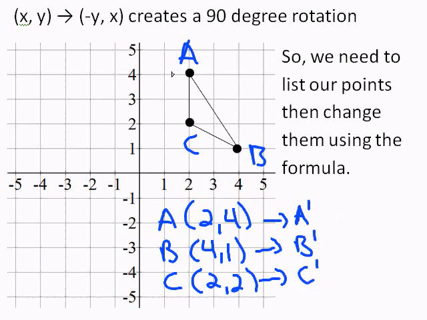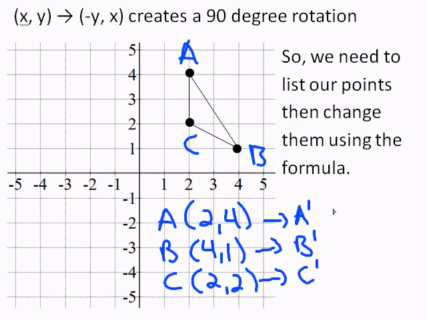So for A prime, I take the x and y values according to our formula, and I switch their order. Notice the x goes in the y spot and the y goes in the x spot. Additionally, notice how the y goes from a positive y to a negative y. That means that we change the sign on the y.